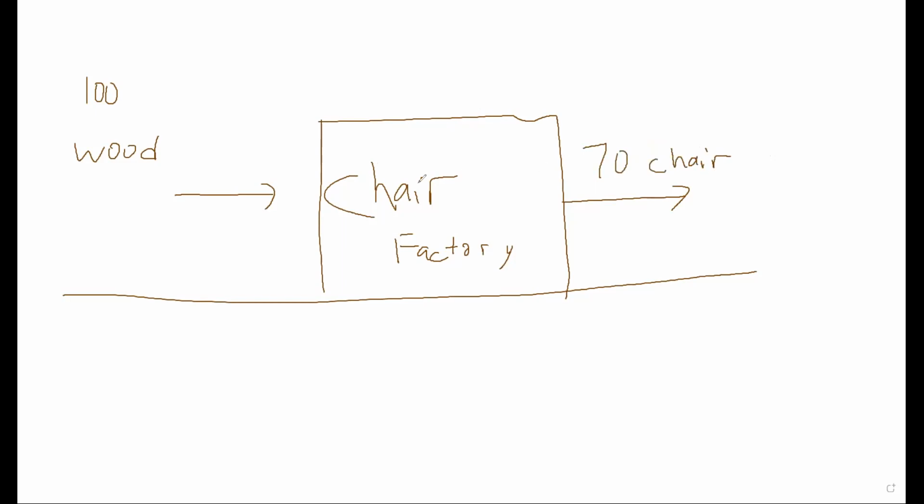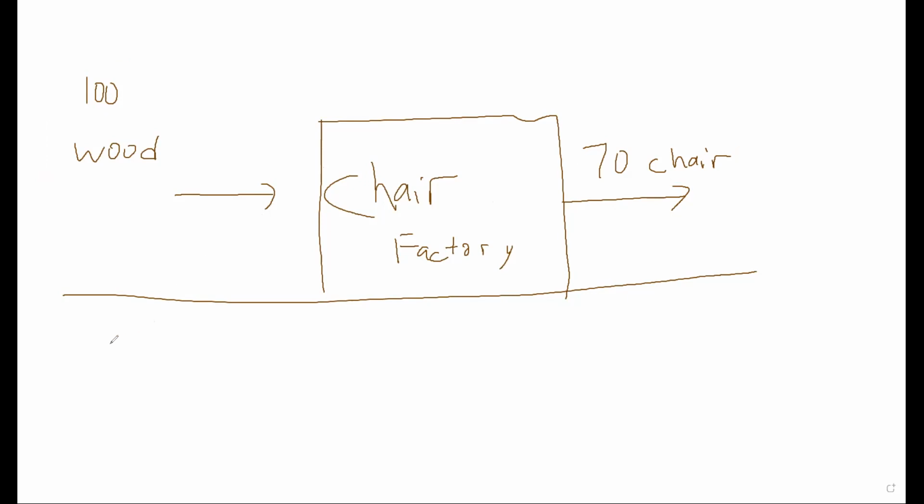From here, I can more or less guess the efficiency of this chair factory. How many percent do you think this chair factory is? If I have 100 wood being fed in, and I have 70 chairs coming out, how much do you think the efficiency will be? 70%. It will be 70%.